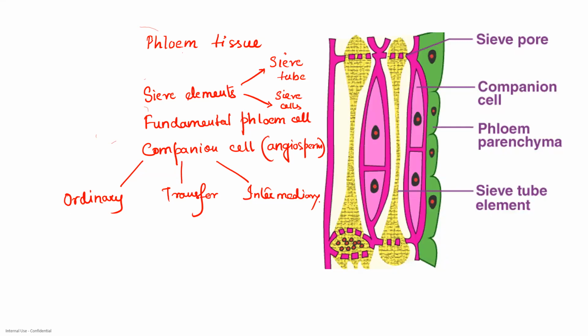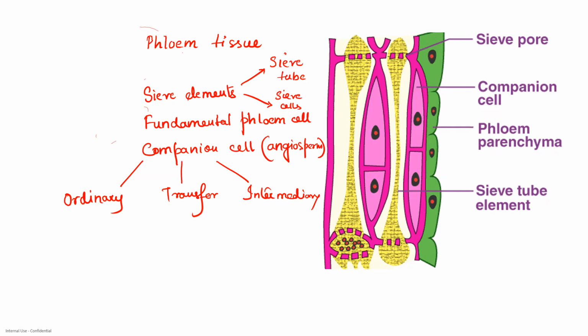Fine. These transfer cells transfer sugar from the apoplast to the symplast of the elements and companion cells in the source. On the other hand, what do these intermediary cells do? They function in the symplastic transport of sugar.